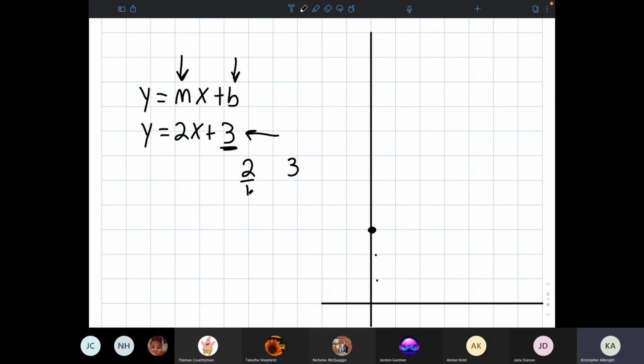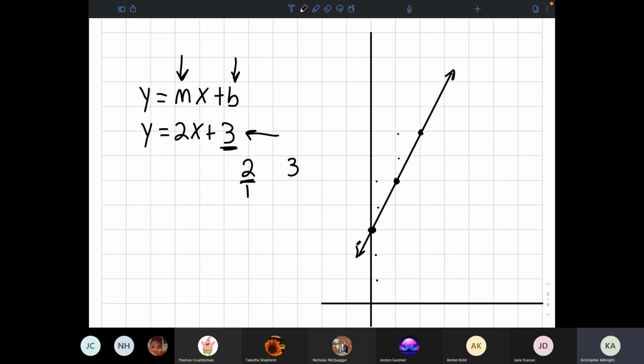If it's not a fraction, you just put it over 1, because that's the same thing. So now we go up 2, over 1. Up 2, over 1. You can do this once, you can do this 1,000 times. It's going to be the same line no matter what. So there you go. There's your line.